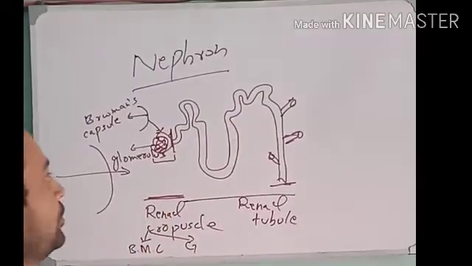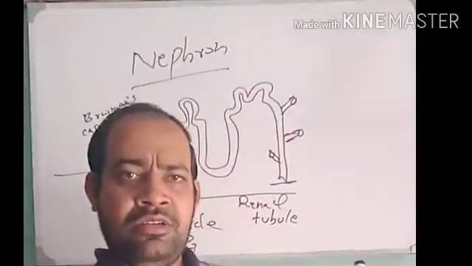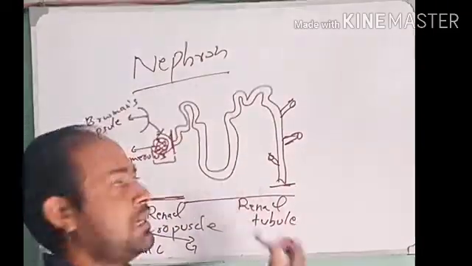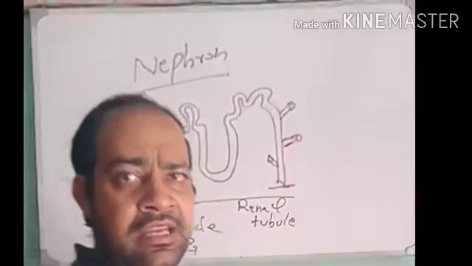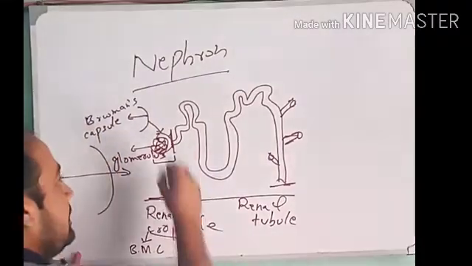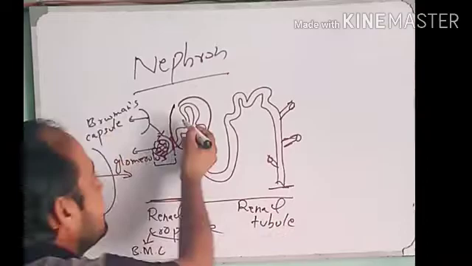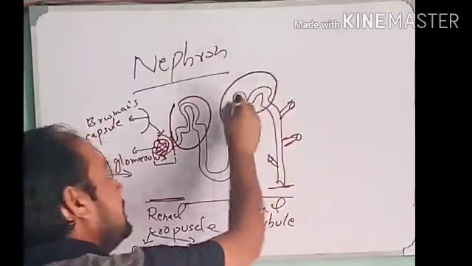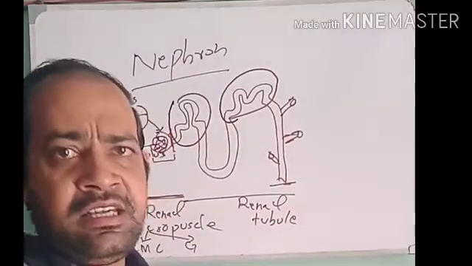Now we talk about the second part of the nephron. The second part, or the tubular part of the nephron, is convoluted at two sides and non-convoluted in the center. Convoluted means twisted. This first part of the renal tubule is convoluted, and this last part of the renal tubule is also convoluted, meaning it has twists and bends.